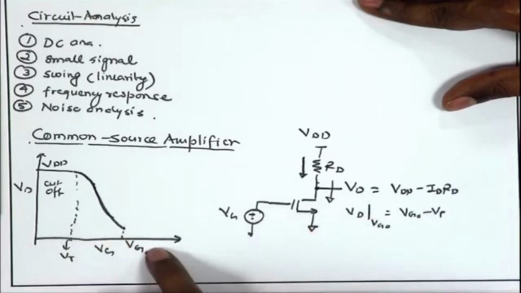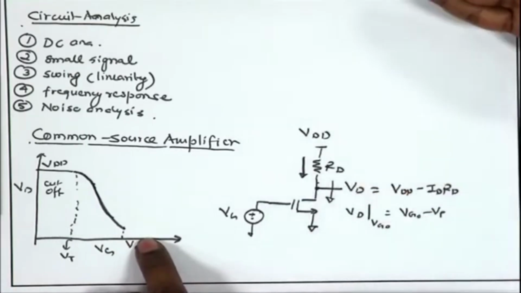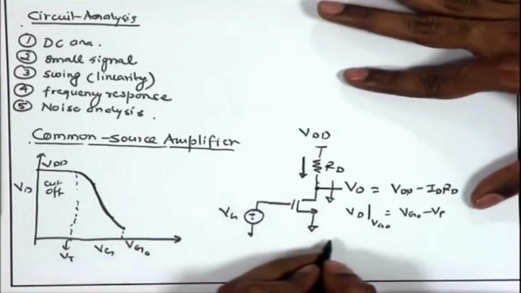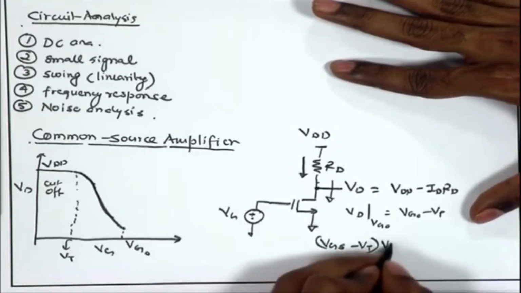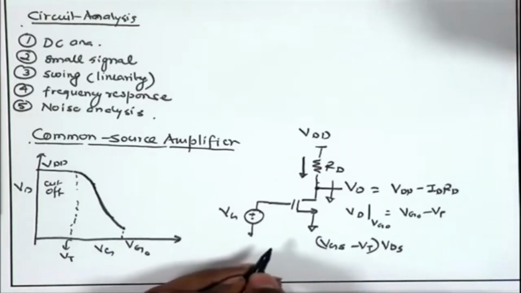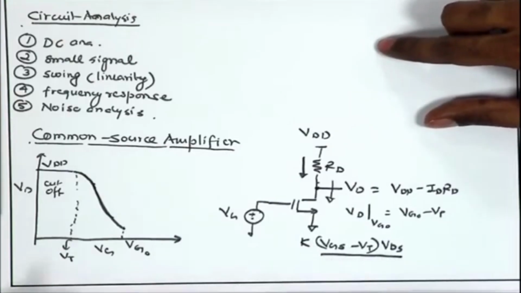Beyond that, if you increase Vg further, definitely Vd is going to drop below Vg minus Vt and it is going to enter the triode region, and in the triode region your equation is going to be governed by Vgs minus Vt into VDS. If I ignore the small VDS square by 2 because it is small, this is the expression that we get in the triode region.